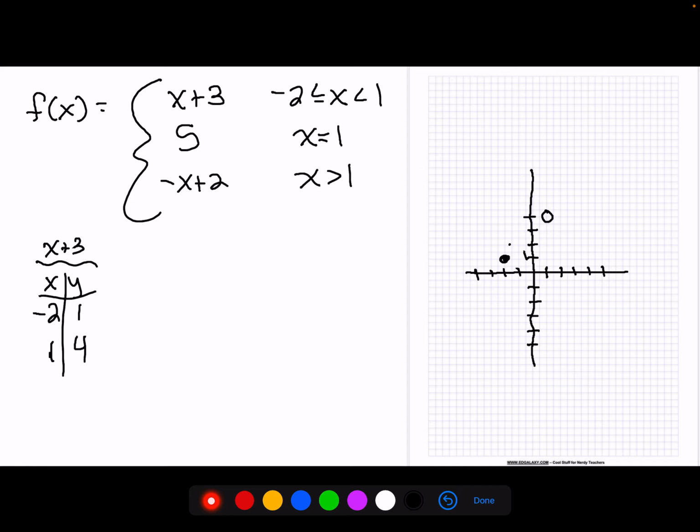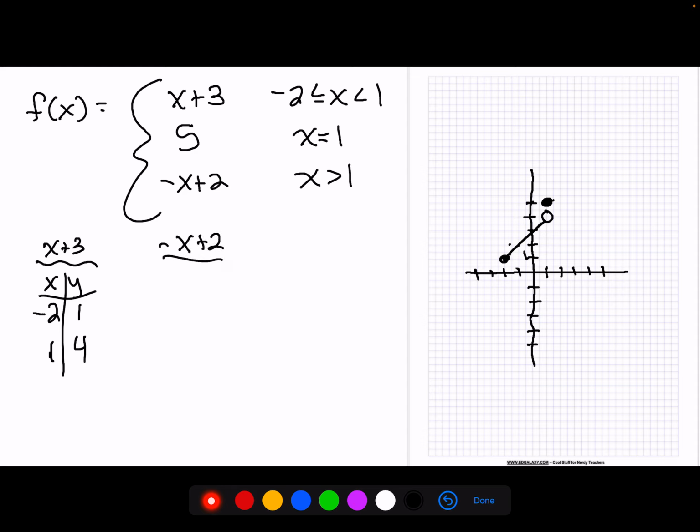Slope of 1. So it's this little piece here, like a half-open line segment. Then at x equals 1, it's 5, so you have a nice closed dot there. And then for x greater than 1, it's -x plus 2.